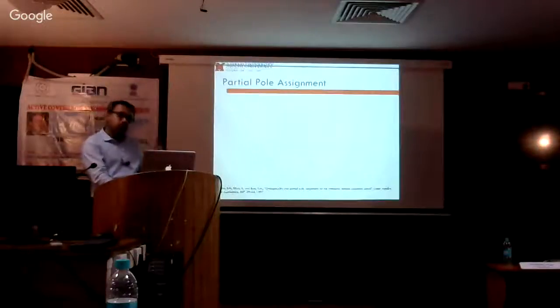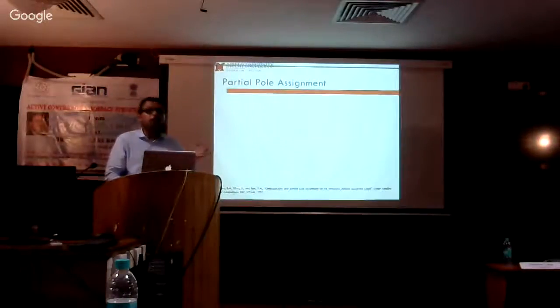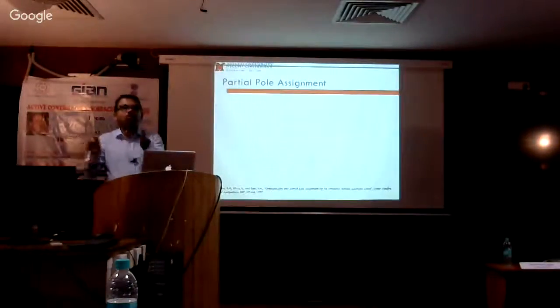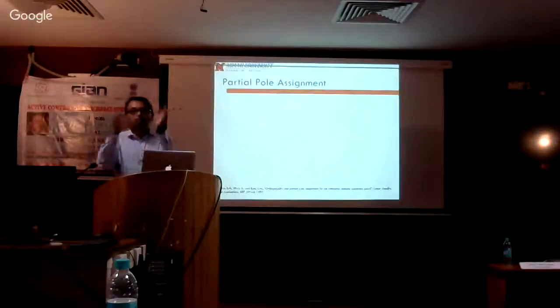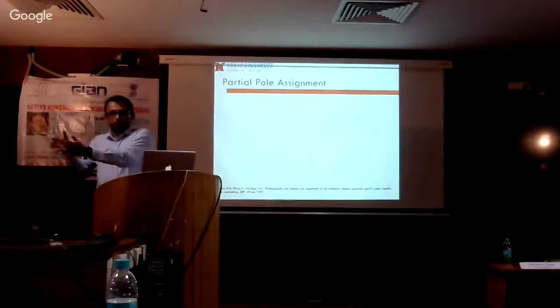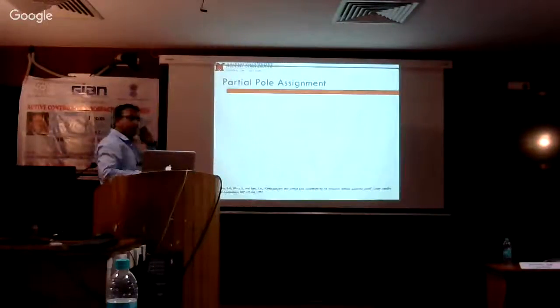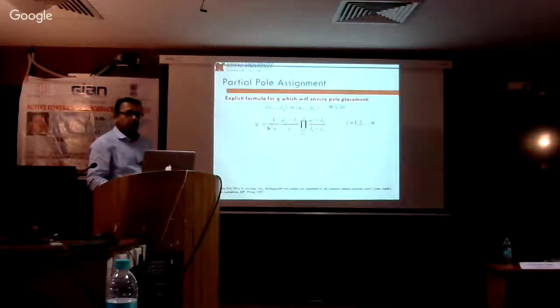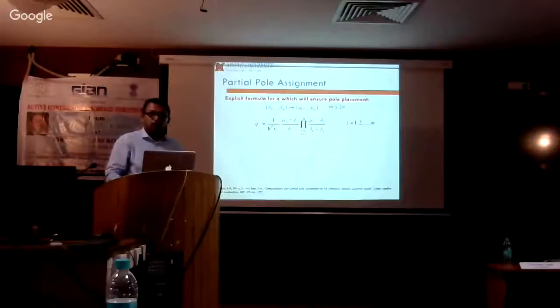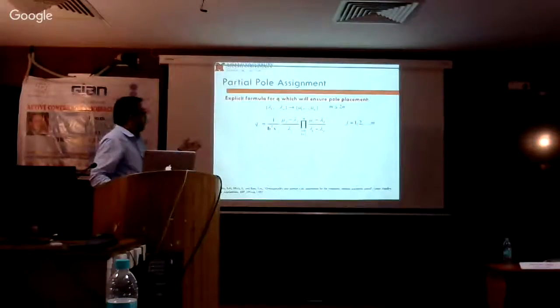Now the next step is, what is that Q which will place the poles from lambda 1 to lambda m to mu 1 to mu m. So we ensure that this form of control gains will show no spillover. So for the Q, they have given an explicit solution for the quadratic eigenvalue problem.